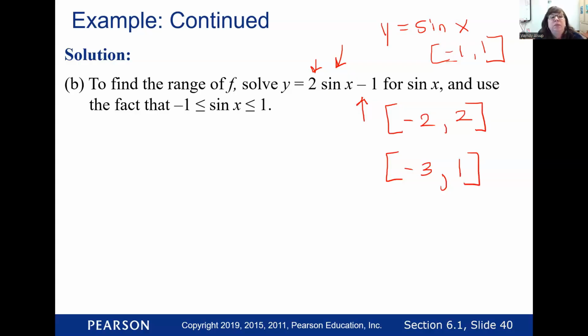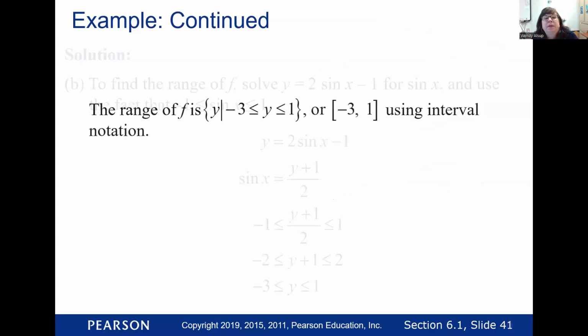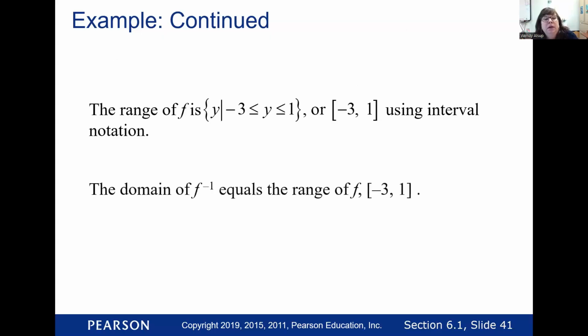And we're talking about the range of the original. So the range of my original after all the transformations was -3 to 1. That becomes the domain of our inverse. So the domain of the inverse will be -3 to 1.